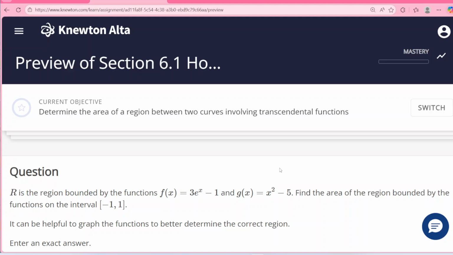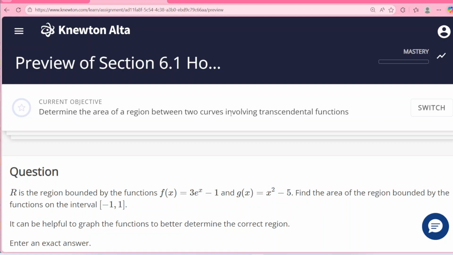Okay, so the first objective I'm looking at is determine the area of a region between 2 curves involving transcendental functions. So those are non-algebraic, right? Now, in this heading, areas between curves, we're going to specifically be looking at functions of x.